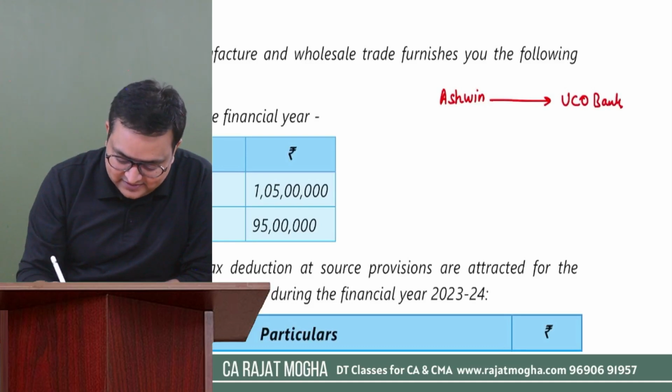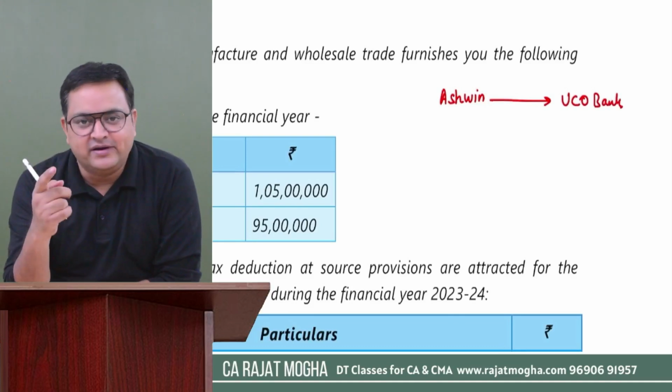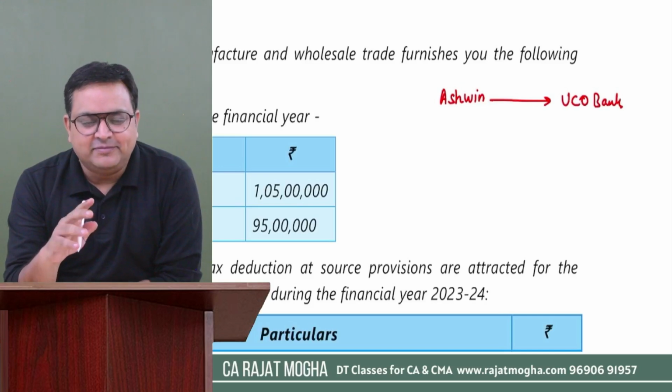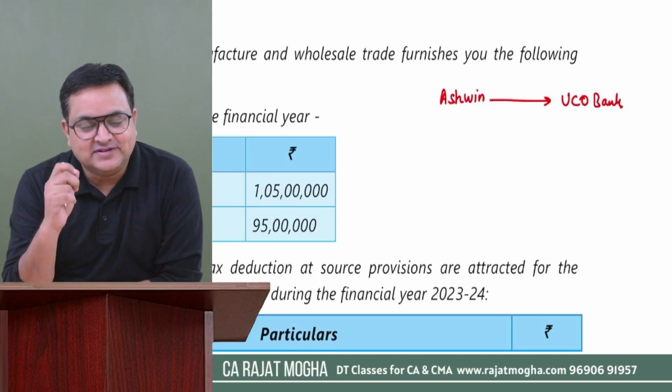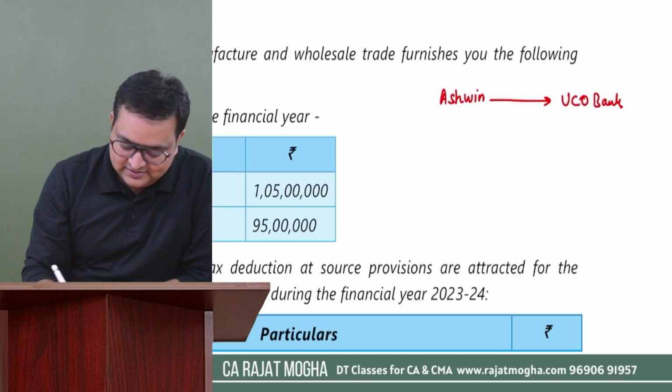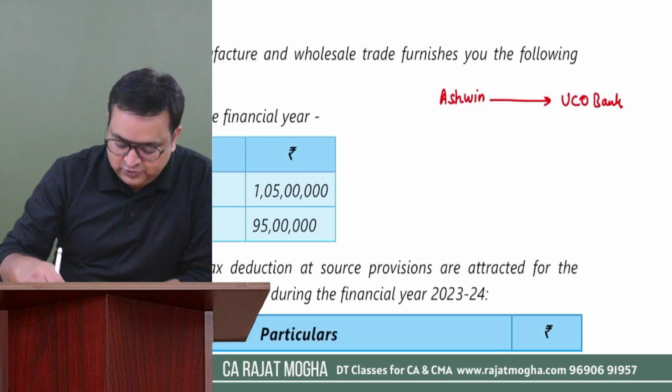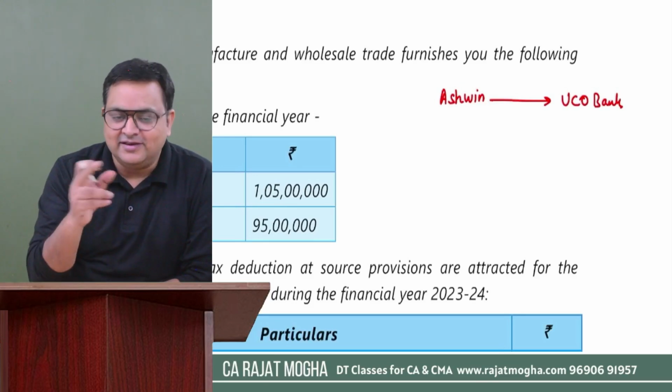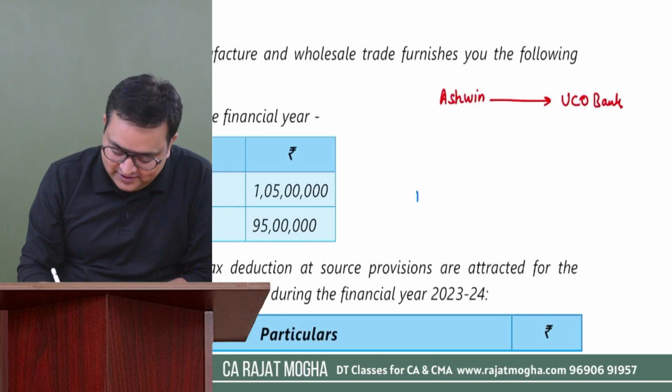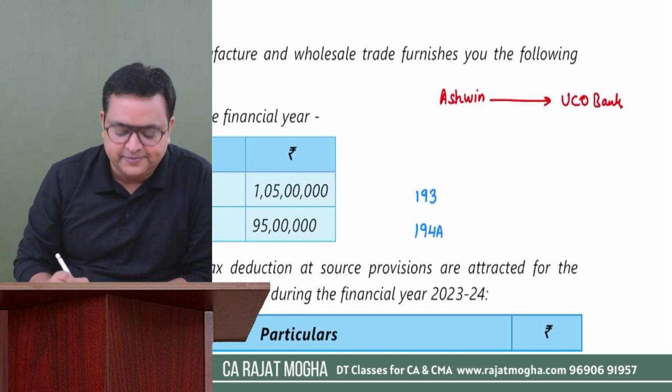Now, please revise your concept related to interest. In TDS chapter, we have two sections which deal with interest. My motive is not to just solve the question, but also to revise the concepts also, right? Okay. So we have section 193. We have another section 194A.